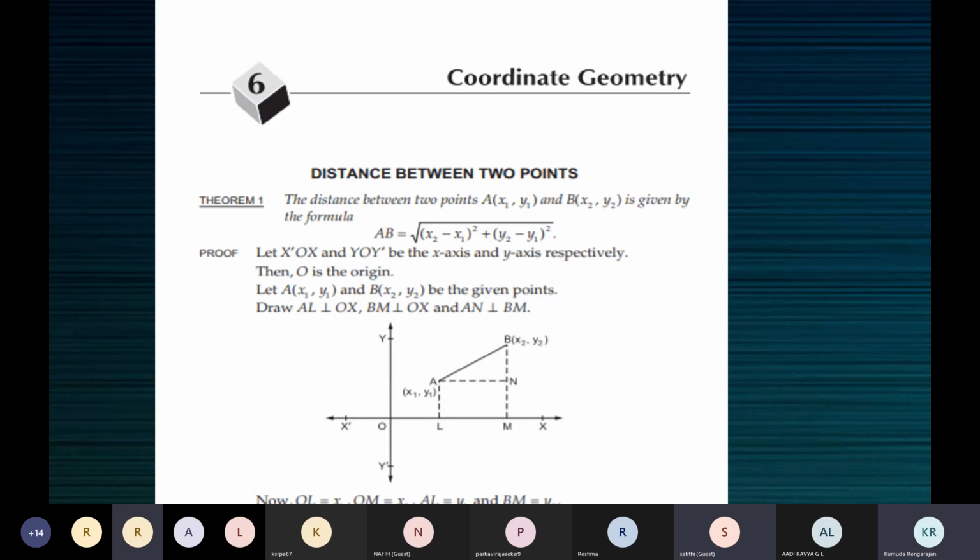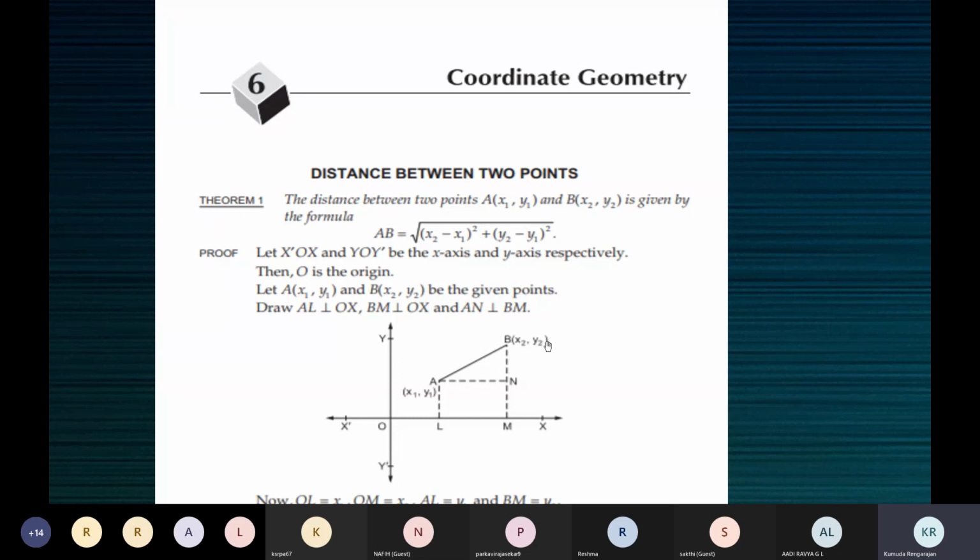BM minus NM. Perfect. BM, this full thing, minus NM will give us this BN.